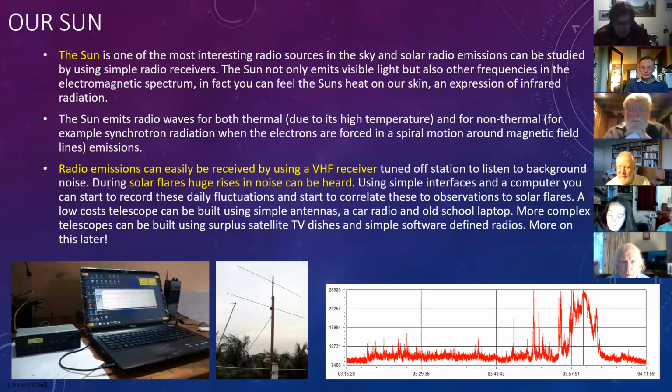Although I think where he is tuned to, he should be well out of the way of any stations. And you can see there on the right-hand side, suddenly there are these huge peaks in noise, and this will be associated with a solar flare. And certainly on shortwave radios, at the onset of a solar flare, you will hear huge rises in noise.